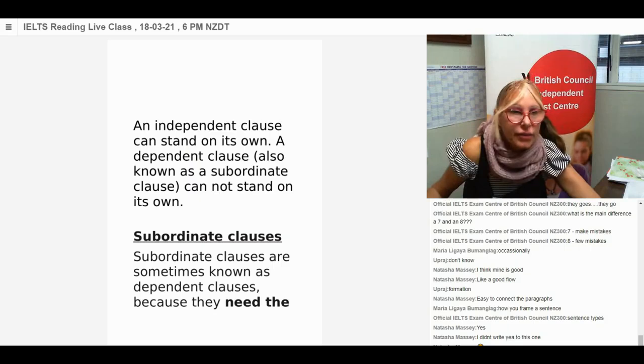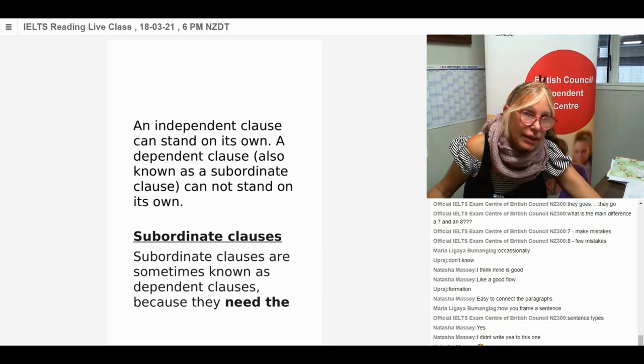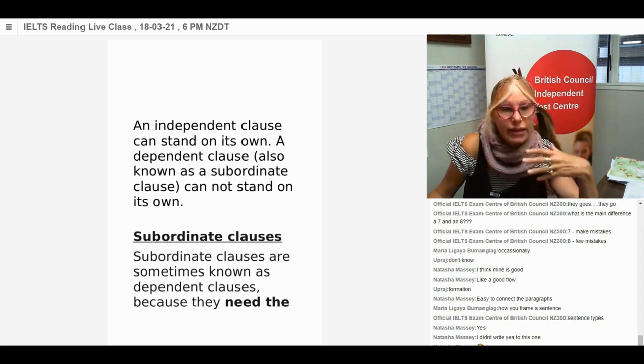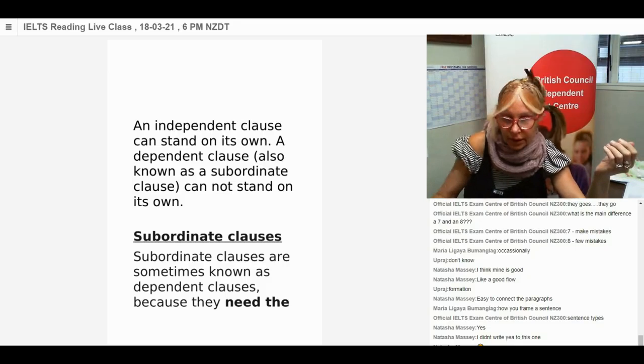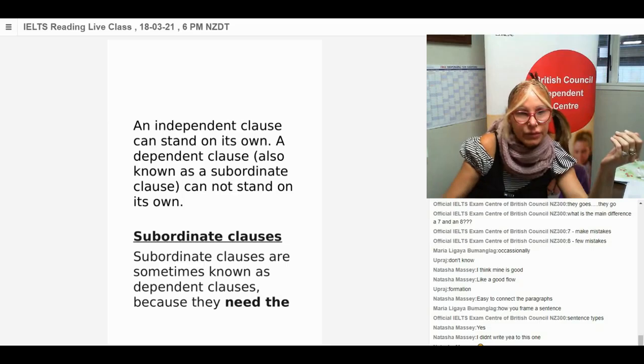Okay, so my independent clause has a complete thought in it. So we've got a subject and a verb, and then obviously the punctuation is a capital letter and then a full stop. So that's a complete sentence, all right? So an independent clause means a complete sentence on its own. Does that make sense?